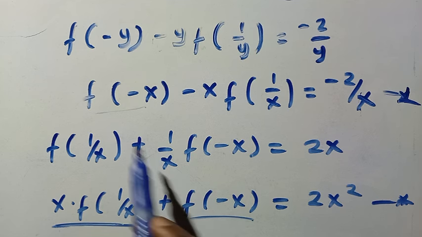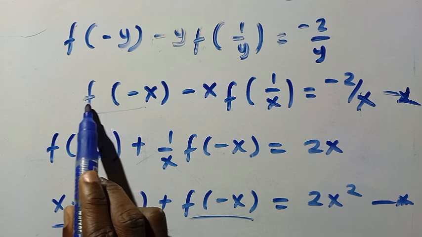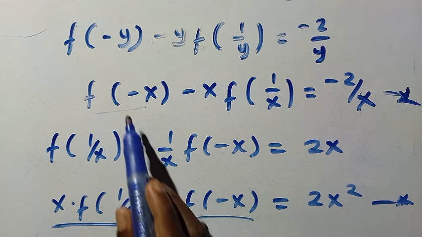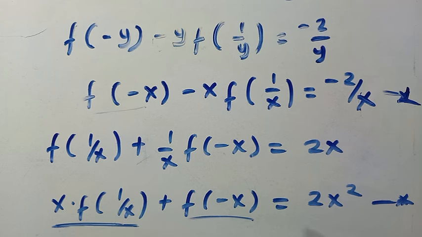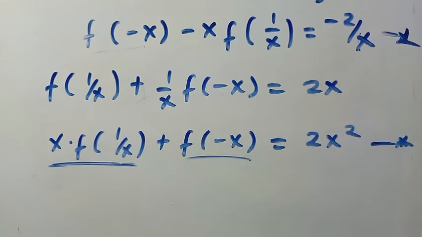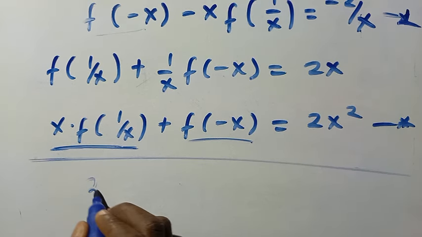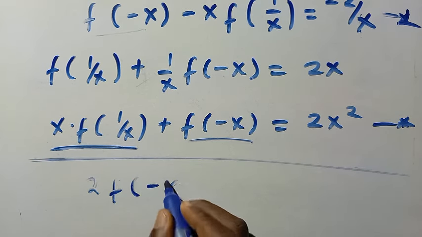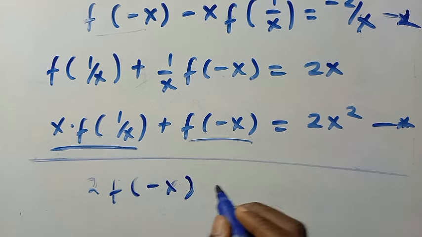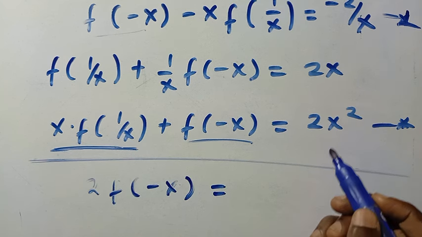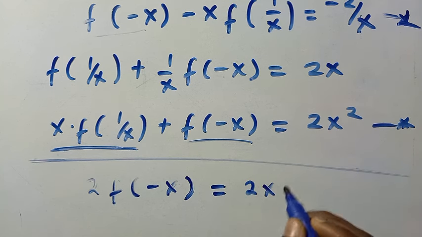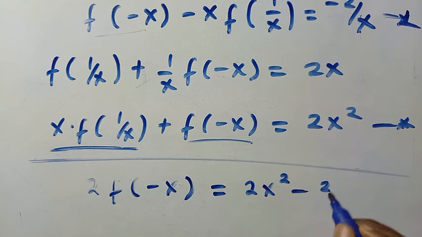By adding, we have only f(-x) and f(-x), so 2f(-x) equals 2x squared minus 2 divided by x.